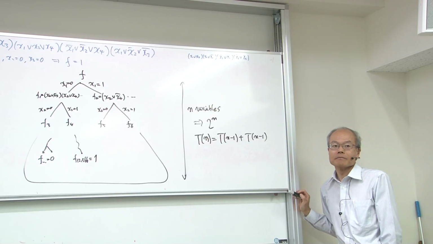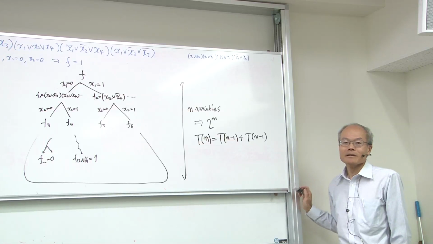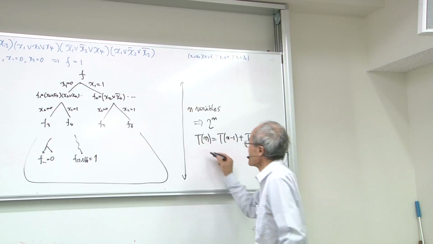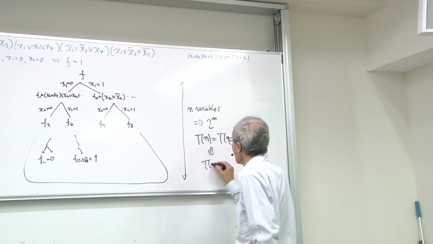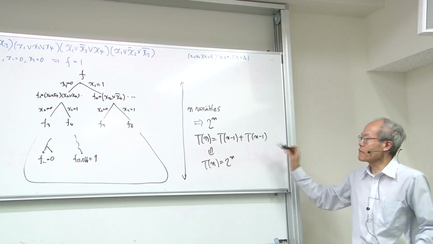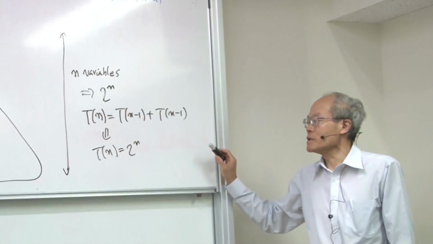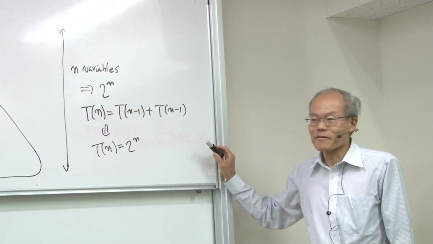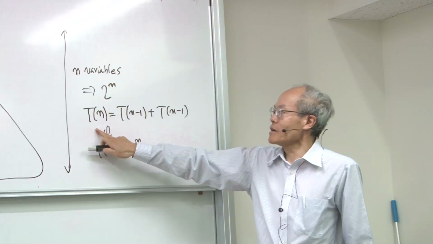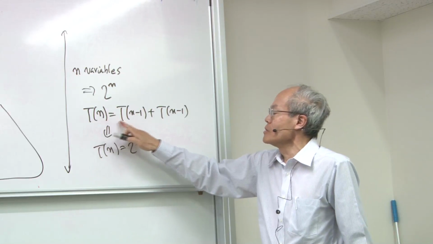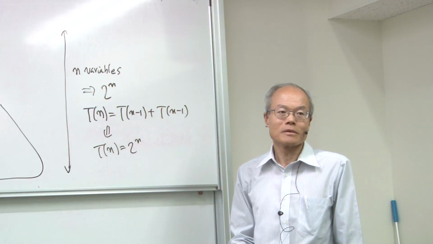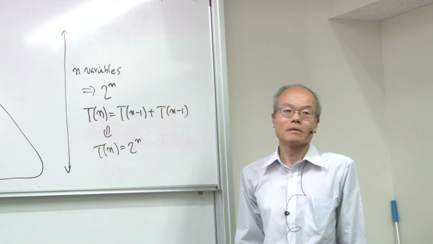This is a recursion formula, and if you solve it, you get T of n is equal to 2 to the n. Of course, this is correct because if you substitute here, 2 to the n is equal to 2 to the n minus 1 plus 2 to the n minus 1. Exactly the same. So this is your answer.